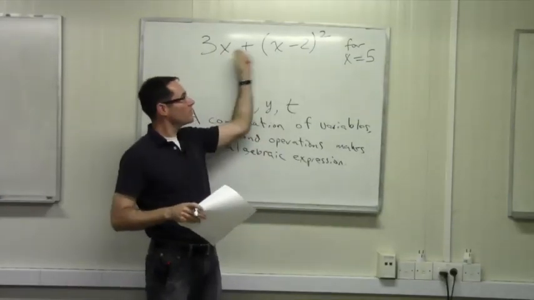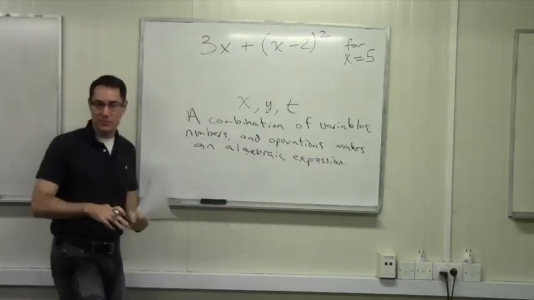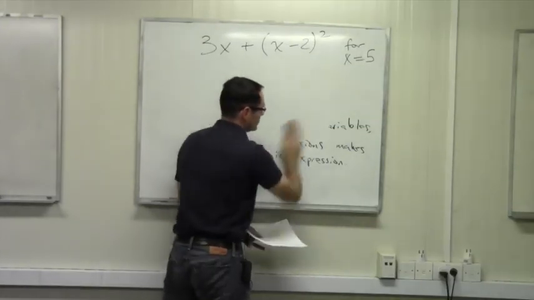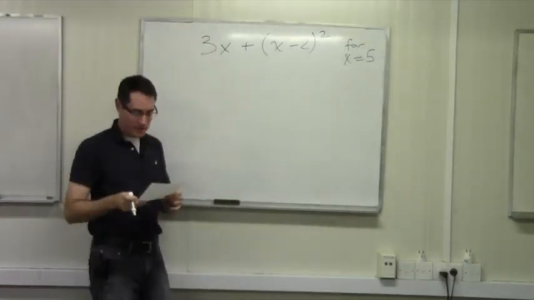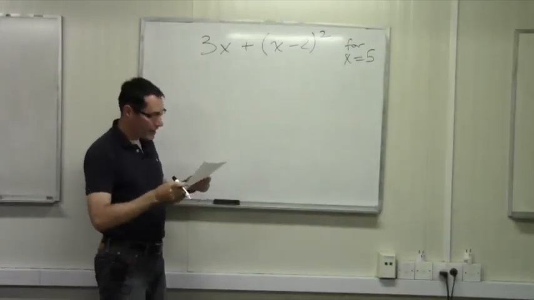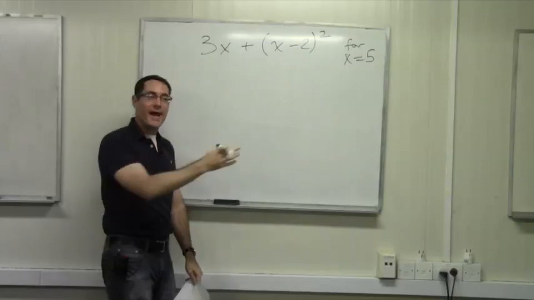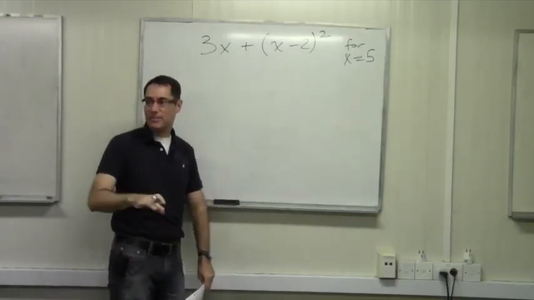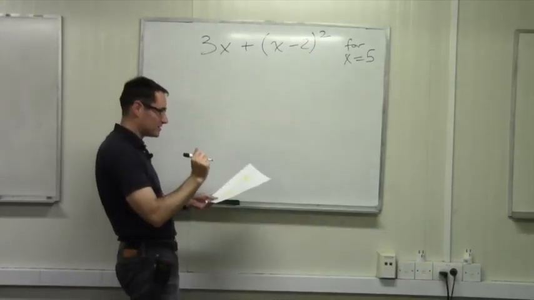Anywhere we see an x, we put in 5, and then we solve just like we would with the numbers we saw over the last couple weeks. So let's just do that. Hey, Christine. We're just going to plug in 5 wherever we see x. I like to write everything down on the piece of paper. In tests you should have plenty of space, and if you're doing your homework, you should have scrap paper to write all this down.